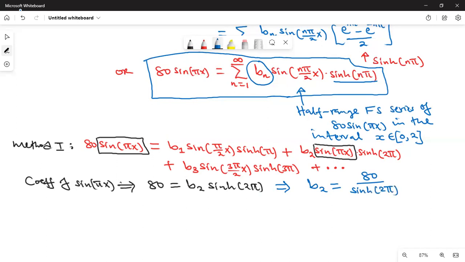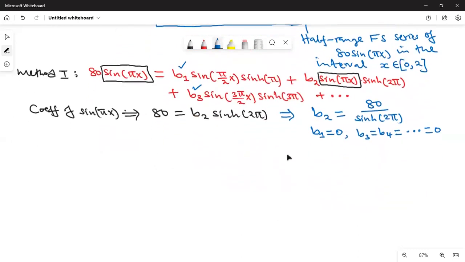What about the other b's? You realize that b1 is equal to 0, b3 is equal to 0, b4 and so many other b's are 0. There is only b2 that is equal to 80 over hyperbolic sine of 2 pi, but the remaining are zeros.